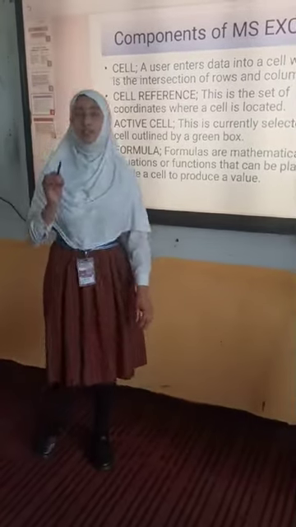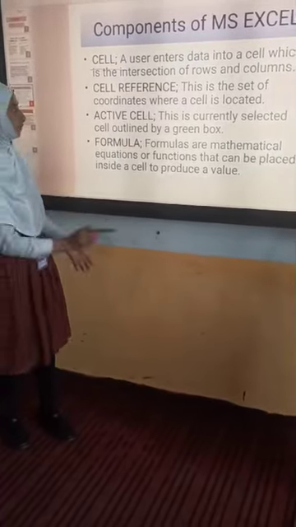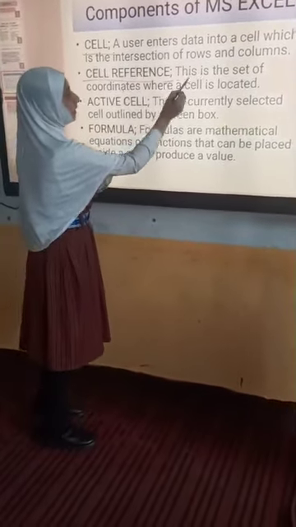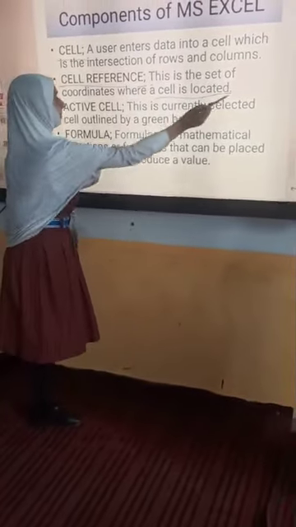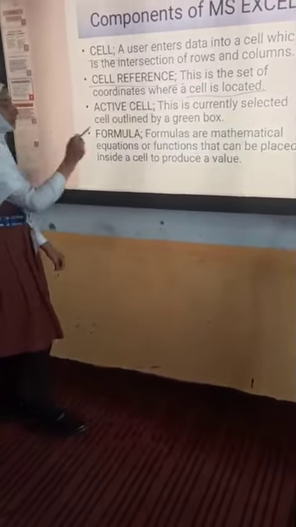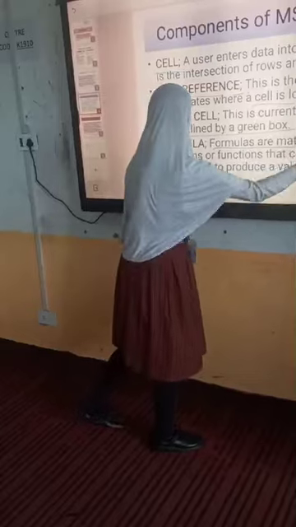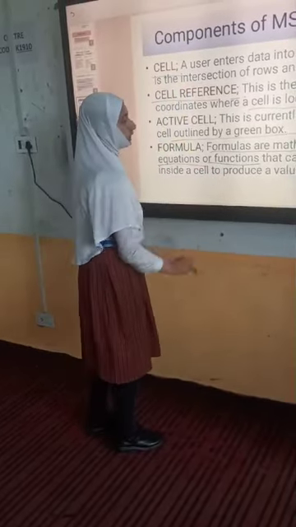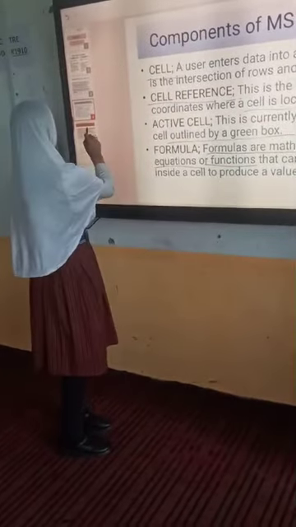A user enters data into a cell, which is the intersection of rows and columns. Cell reference. This is the set of coordinates where a cell is located. Active cell. This is currently selected cell outlined by green box. Formulas. Formulas are mathematical equations or functions that can be placed inside a cell to produce a value.